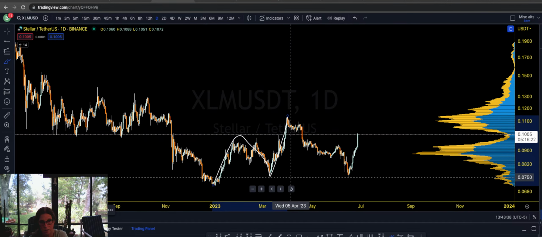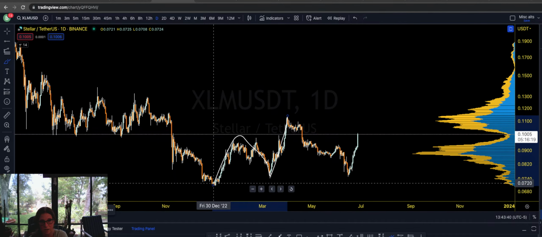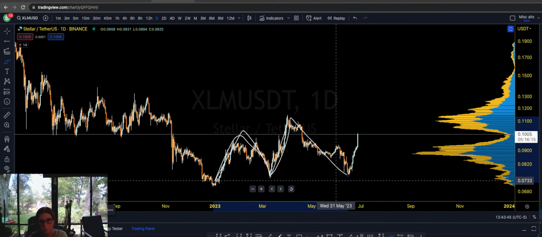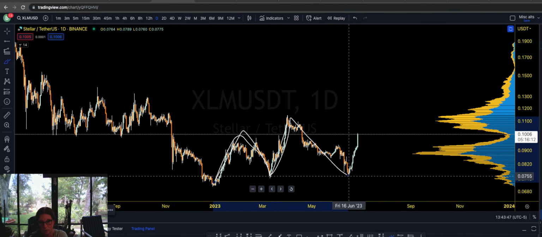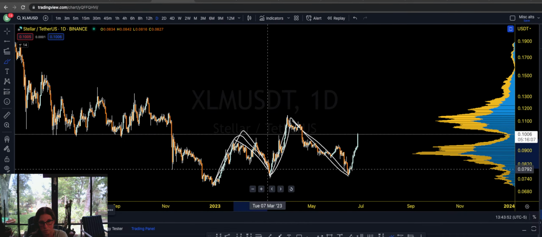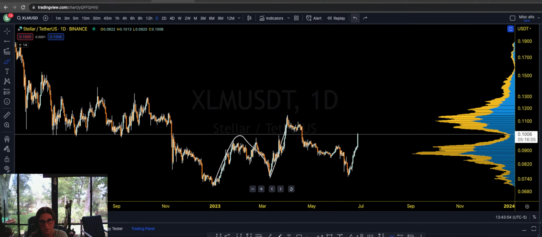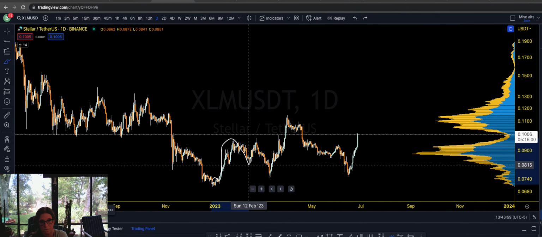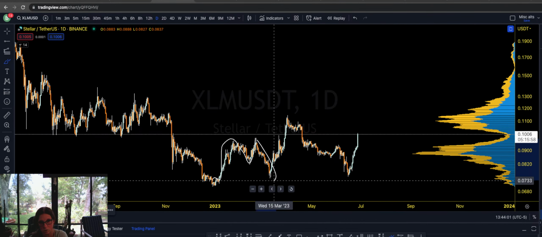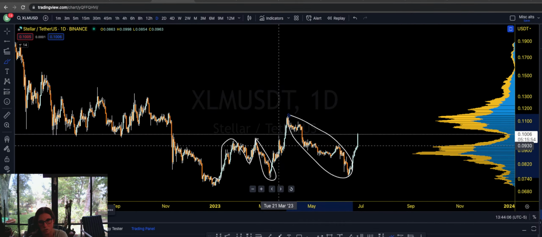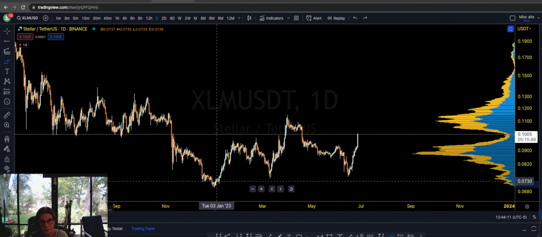Some Elliottians might be trying to say 1, 2, 1, 2. But look at the size of this correction compared to this one. And if this is a 5th wave right here, say 1, 2, 3, 4, 5, then it's really this small compared to this big. This is not a 1, 2, 1, 2, unfortunately. Okay. I think that this is a zigzag.